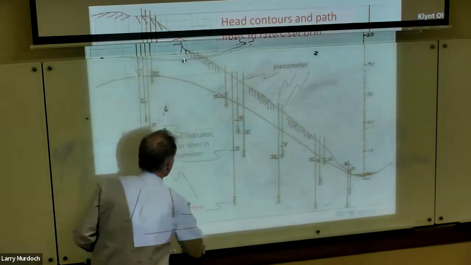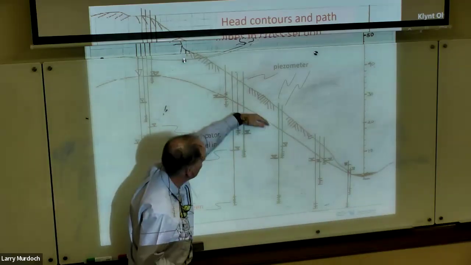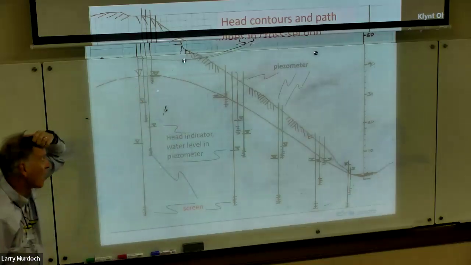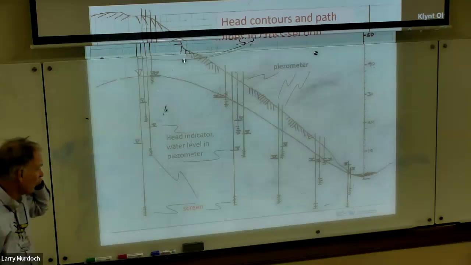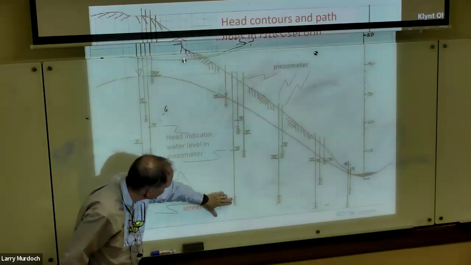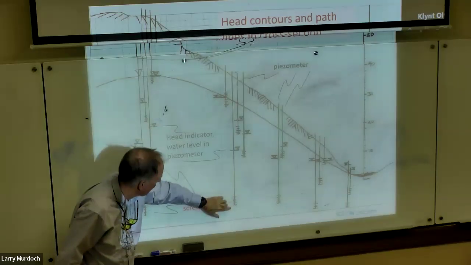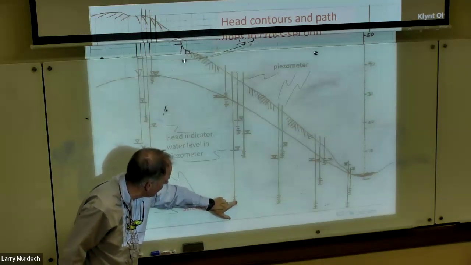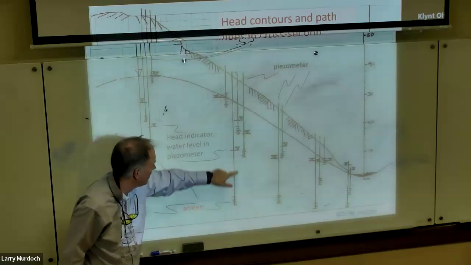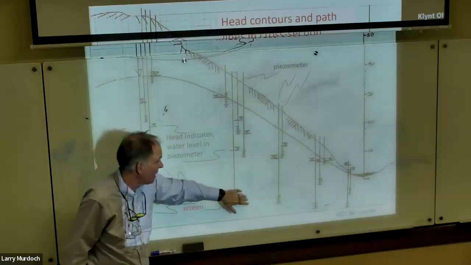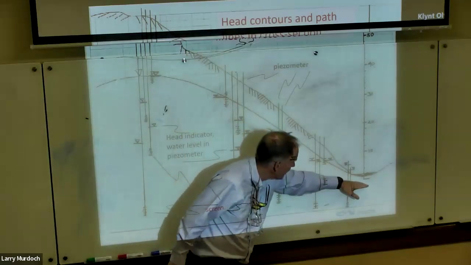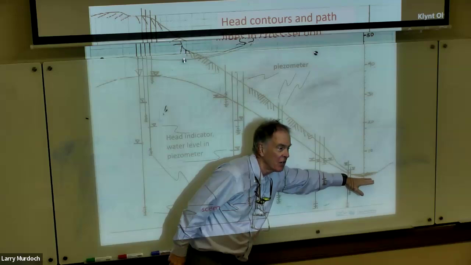Okay, so here's the cross section. Here's the water table. And we want to apply this concept to do the head contours in cross section. So here's the screen. This one is just kind of drawn out by hand, but here's the screen. So the head is going to apply right here. And this is the measure of what the head is right here. And here's the scale. In this case, the datum is right here.